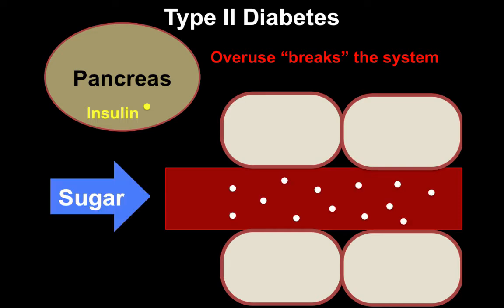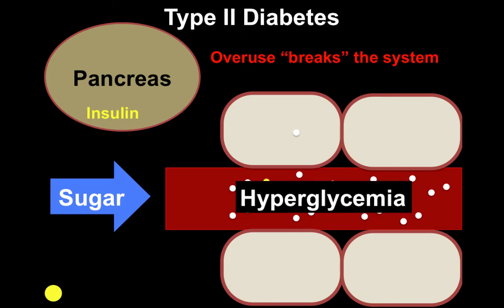Now when you eat some sugar, the pancreas releases a much smaller amount of insulin, and only a little bit of sugar is actually taken into the cells. So now you have excess sugar in your bloodstream, and then you eat some more, and it builds up and builds up, and you get what's called hyperglycemia, or high blood sugar. And this can cause organ failure and all kinds of other things that are associated with type 2 diabetes.